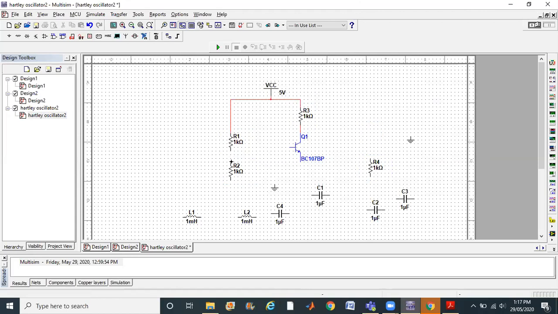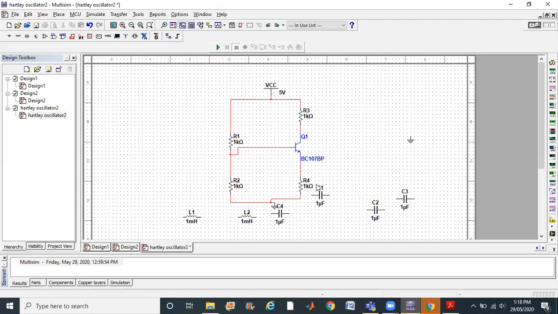Then I'll connect this to ground. Then I'll connect this one. We'll connect this to ground. So I've now created an amplifier circuit.